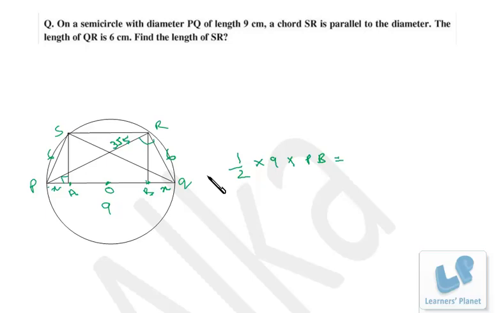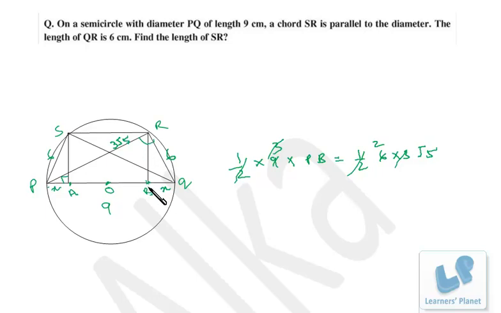And alternatively, since this is a right angle triangle, we can take this as base and this as perpendicular. So that's half of 6 into 3 root 5. Right? So this way we got the length of PB, that is 2 root 5. So PB is actually 2 root 5.